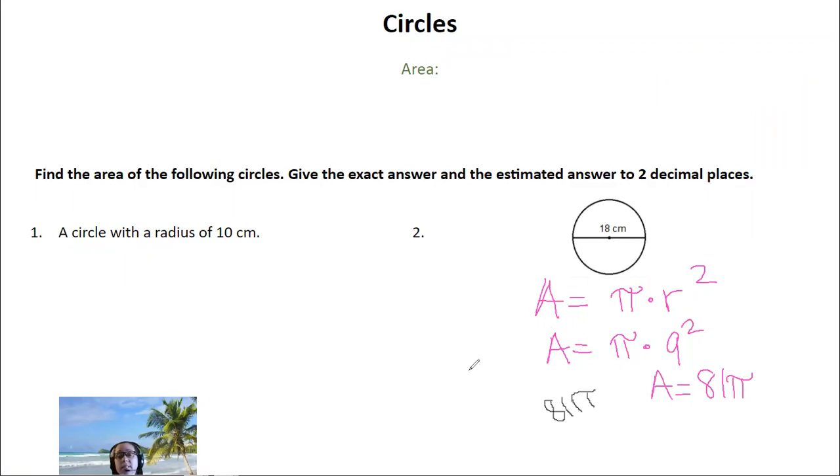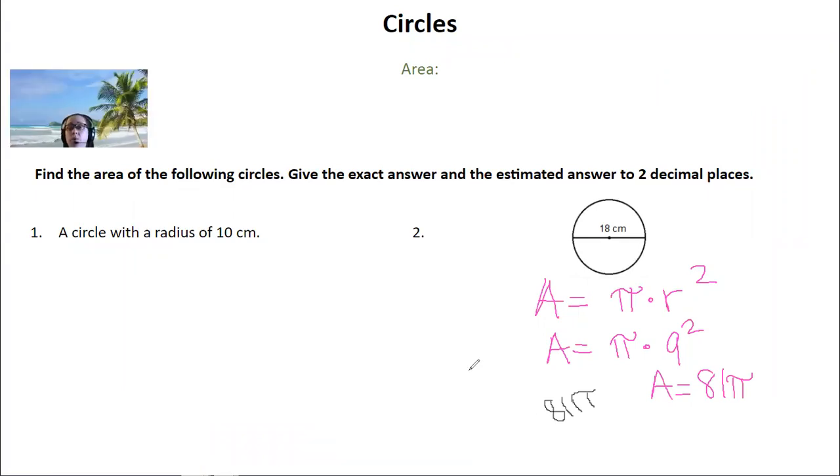Oh, did someone write it? Someone wrote it. My bad. That is totally correct. Very good. So what would my estimate be? If 81 pi is my exact answer, what is my estimate? What is 81 pi?